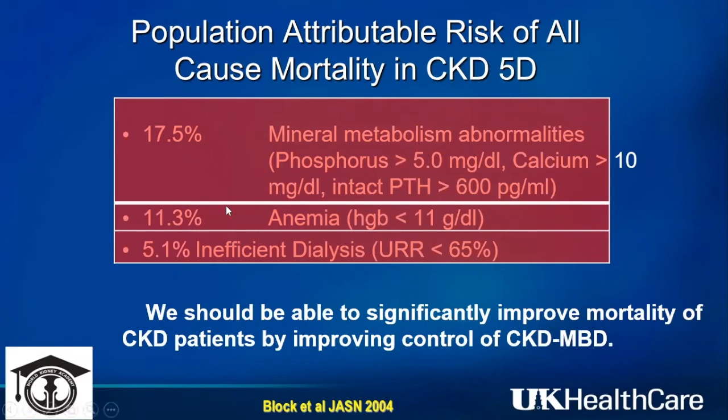And when they compare these three elements, as you see, if the patient has evidence of CKD-MBD with phosphorus more than 5, calcium more than 10, or BTH more than 600, it puts the patient at a 17.5% attributable risk of death, compared to only 11% for anemia and 5% for inefficient or insufficient dialysis.